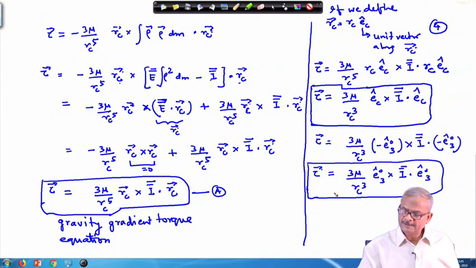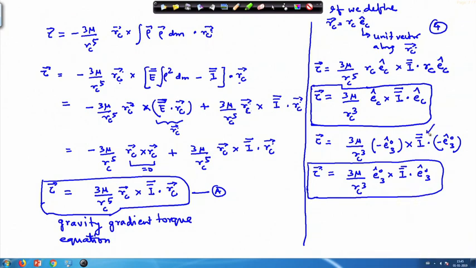So, you will ask what to do for this I double bar.